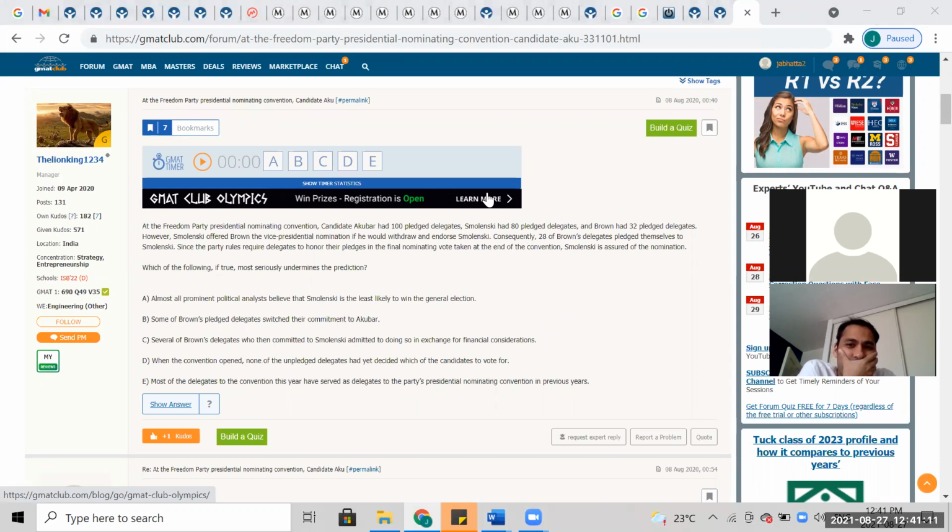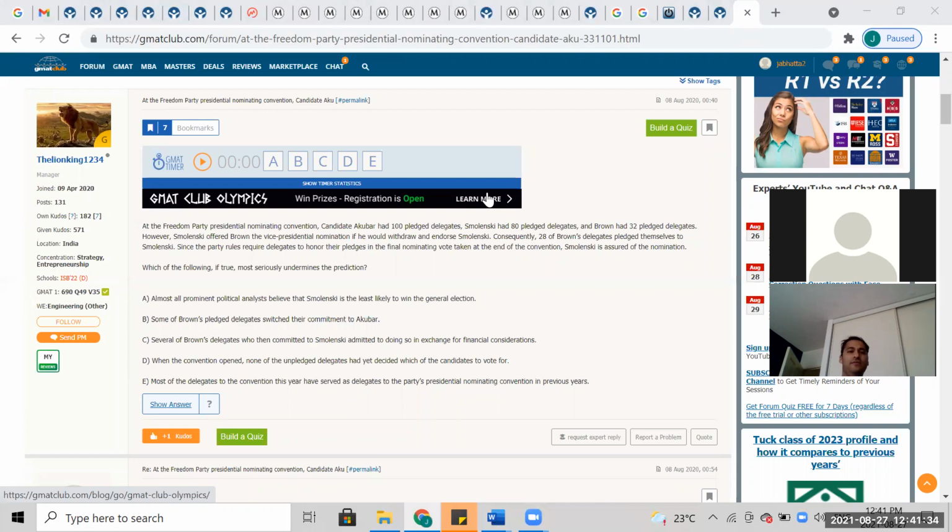At the Freedom Party presidential nominating convention, candidate Akbar had 100 pledged delegates, Smolensky had 50, and Brown had 32. However, Smolensky offered Brown the presidential nomination if he would withdraw and endorse Smolensky.